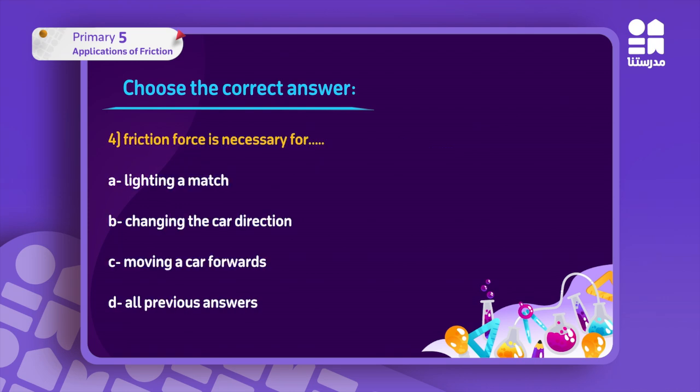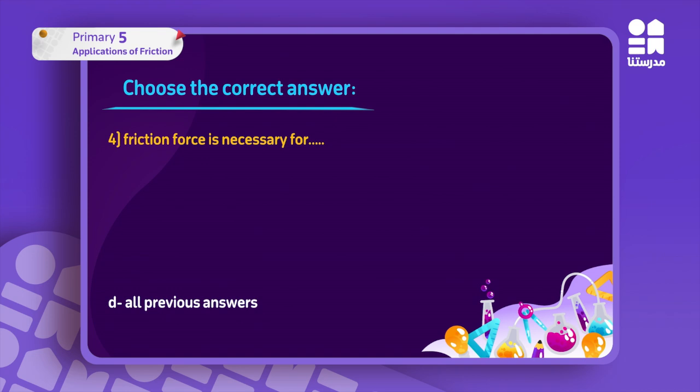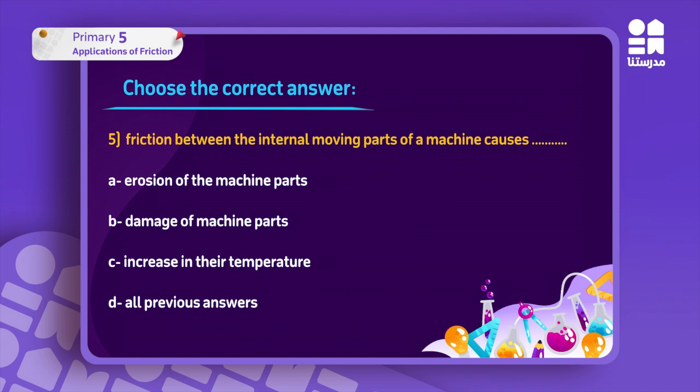Number 4, friction force is necessary for lighting a match, catching the car direction, changing car direction, or moving a car forward, or all the previous. Of course, it's necessary for all of them, so the choice will be D, all previous answers. Number 5, friction between internal moving parts of machines causes erosion of the machine parts, damage of the machine parts, increase their temperature, or all the previous?